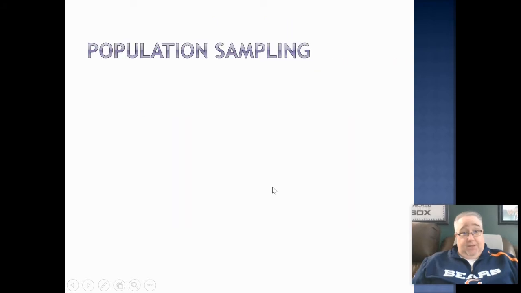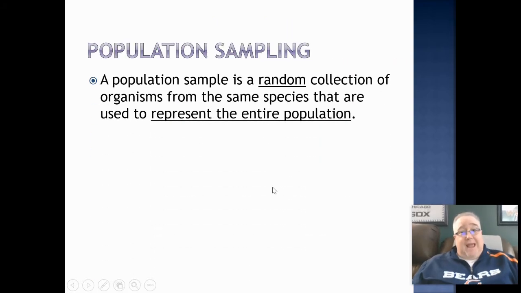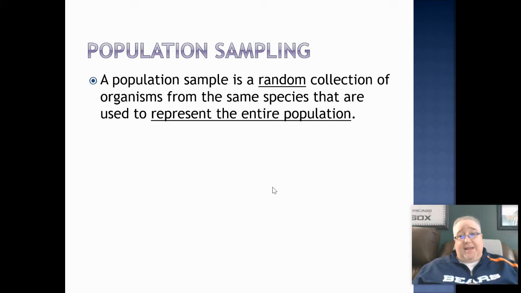So instead, we would have to capture a sample of the population. Population sampling is basically just using a portion of the population and allowing that portion to represent the entire population. The one thing about population sampling is it has to be random.